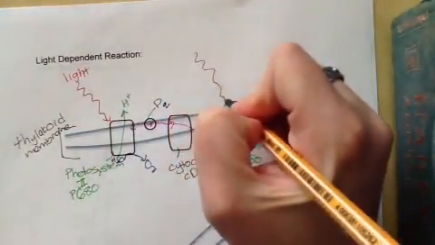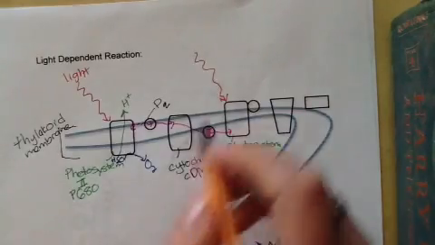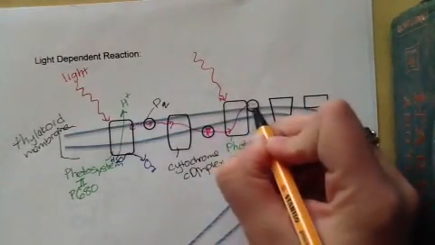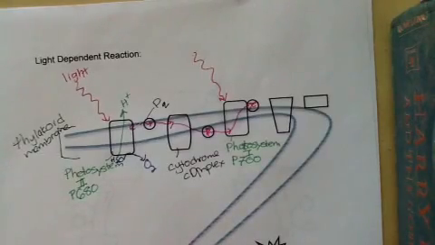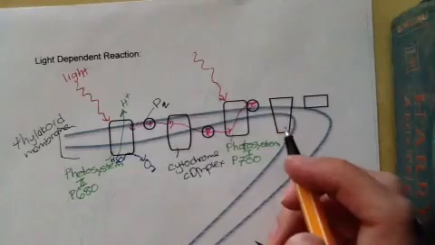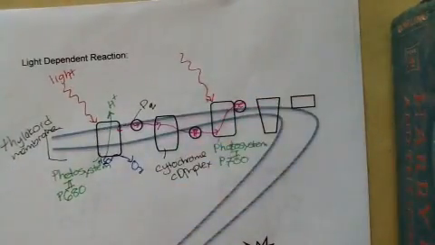So here comes my light. Light provides the energy to re-excite my little electron. So here goes my little electron. He's all excited. Yay, electron. And I get to pass it to the next electron carrier.